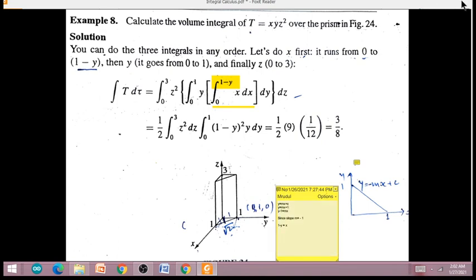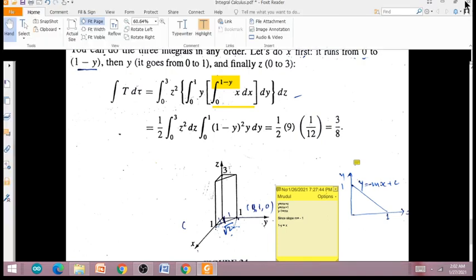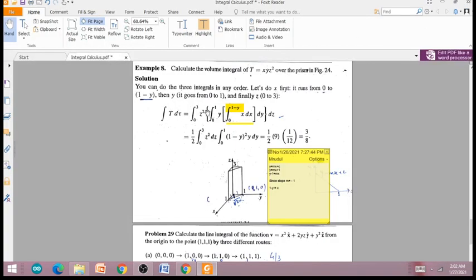Let me highlight here. This y, this y. Somehow it's not happening.